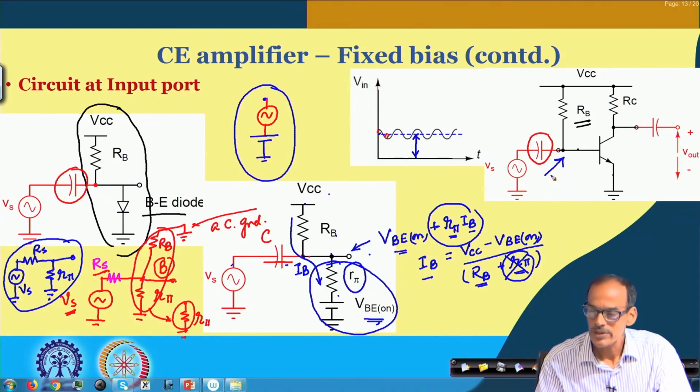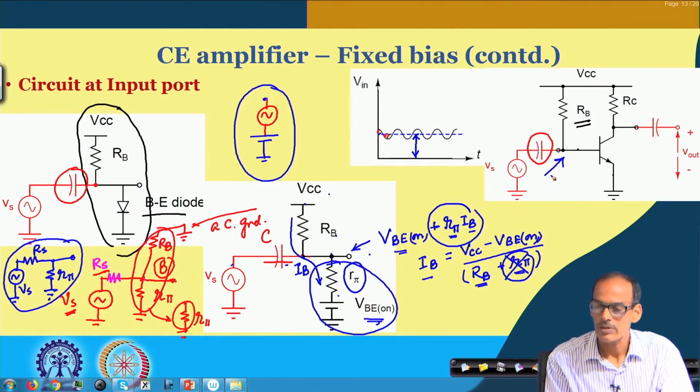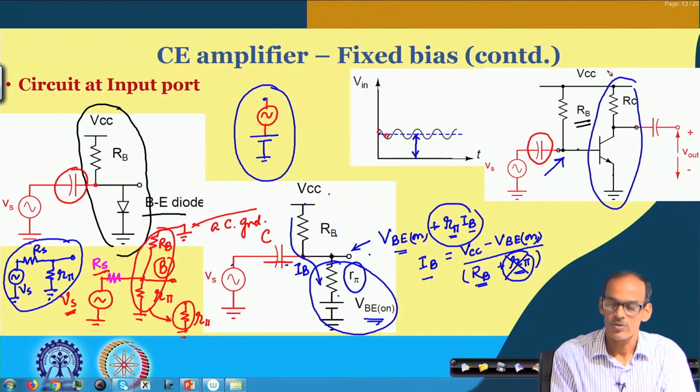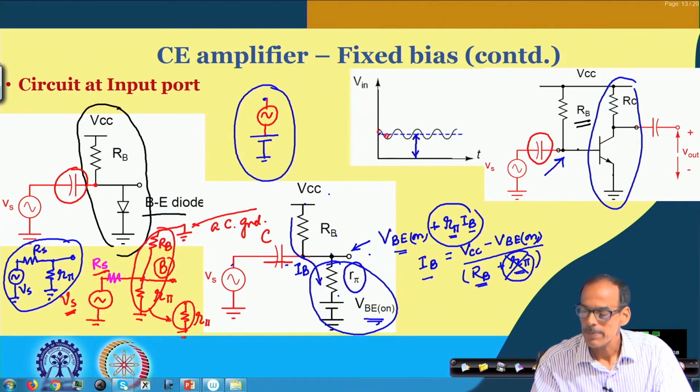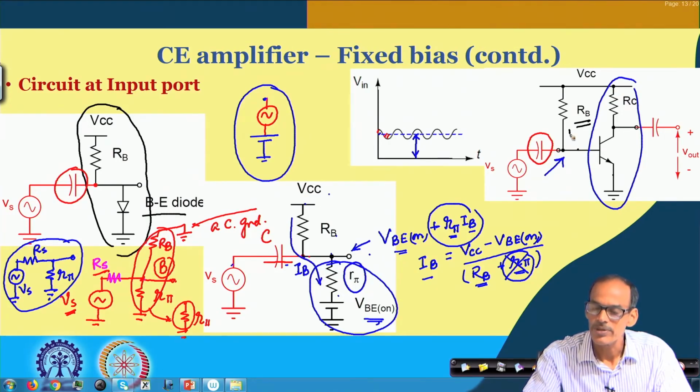Now let us look into the output port of the circuit, and let me draw the corresponding equivalent circuit. To start with, we will go for the large signal first. When you consider large signal, whatever the IB is, it will be flowing here. After multiplying with beta F, we have IC here.